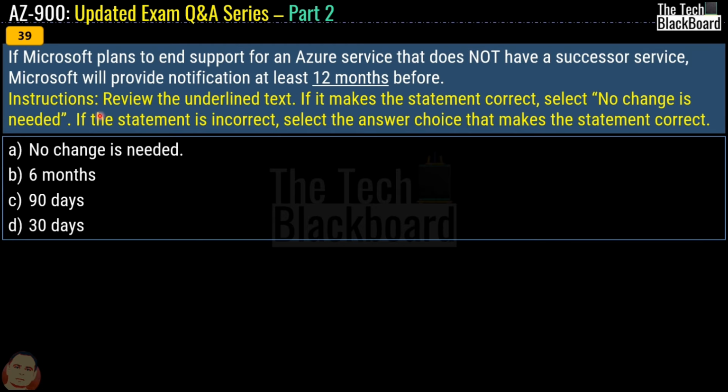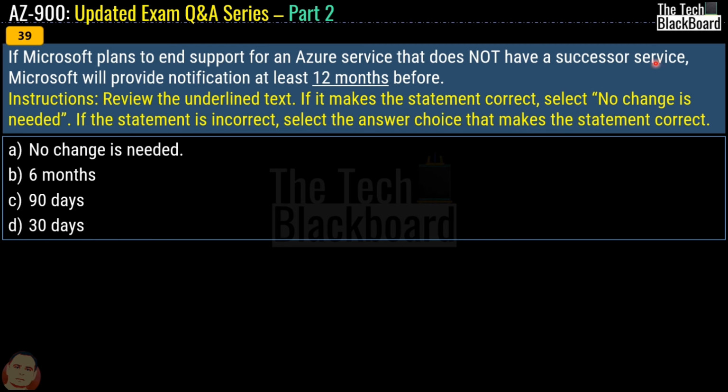Moving on with question number 39, it says that if Microsoft plans to end the support of an Azure service that does not have a successor service, then Microsoft will provide notification at least 12 months before. Now the instruction says that you have to review the underlying text. So this is the underlying text. If it makes the statement correct, then you have to select no change is needed, which is given here, option A. And if the statement is incorrect, then you have to choose the answer that will make the statement correct.